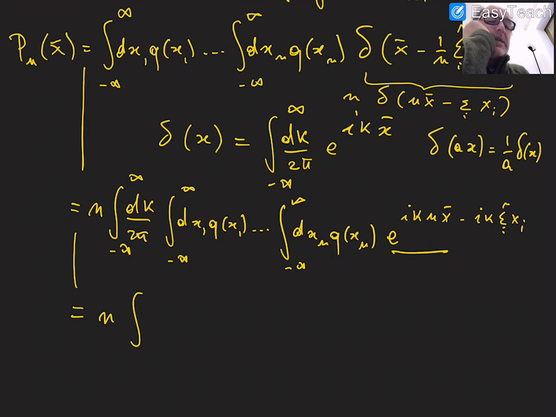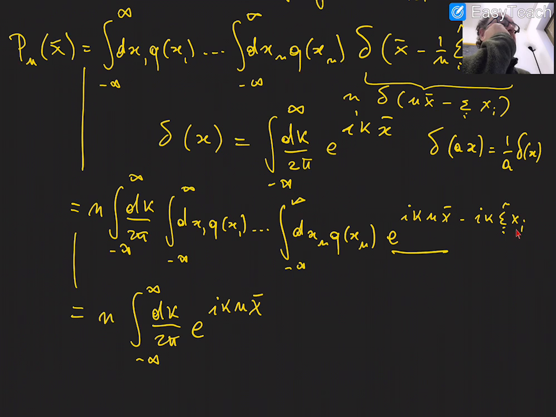So this is n times the integral dk over 2 pi e to the ik n x bar. And then what you have here are n integrals, where the exponent is a sum over i of the xi, which can be written as a product of e to the minus ikxi, distributed in each of these integrals that can be factorized.